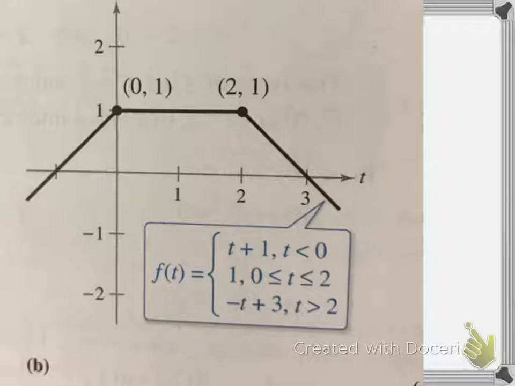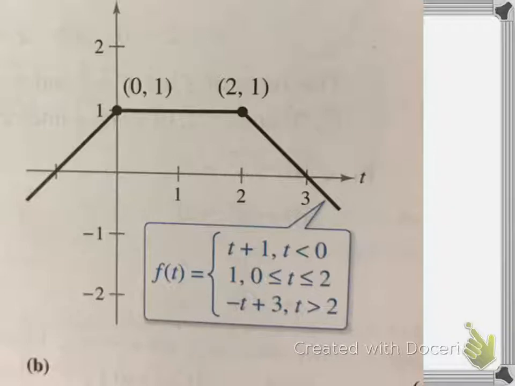So in this particular situation, if I put a negative number in, the rule that I'm going to follow is t plus 1. If I put in 0, a number between 0 and 2, or 2, I'm going to follow f of t equals 1, which is the horizontal line. If I put in a number greater than 2, negative t plus 3 is what I'm going to follow.